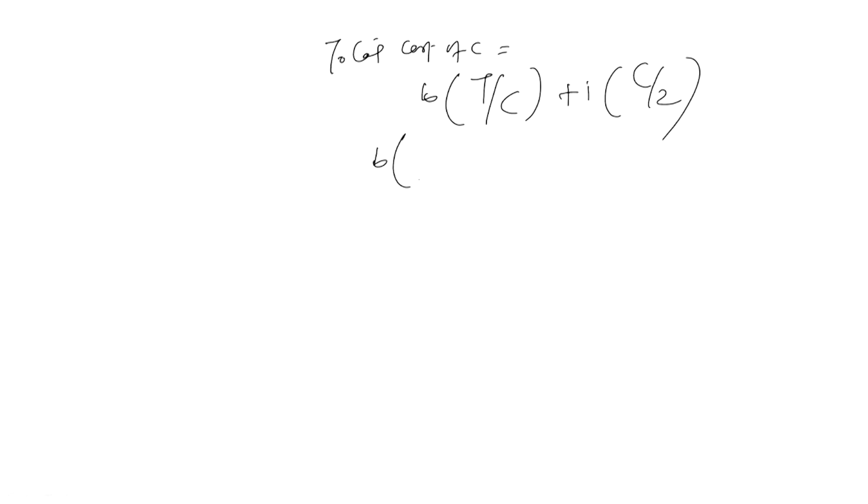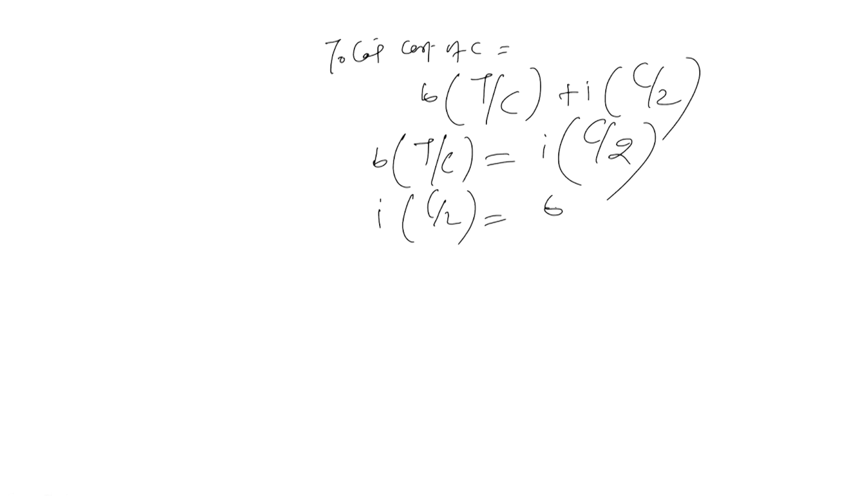So how can you rewrite it? B into T by C is equal to I into C by 2. You can also write it the other way, I into C by 2 equals B into T by C. So this cost is equal to this cost.